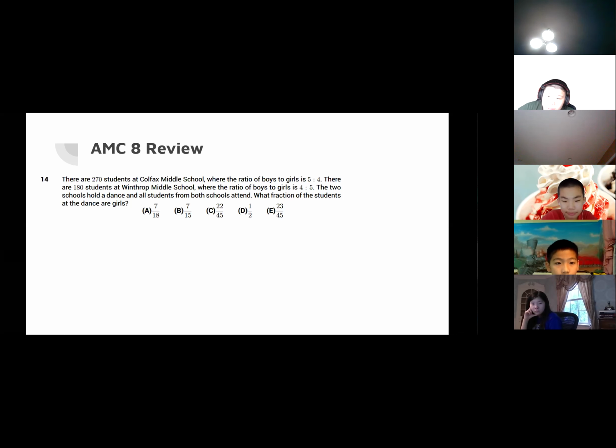So you add these, and you get that there are going to be 450 total. And then at Colfax Middle School, there are 4 divided by 9 times 270, which is 4 times 30, which equals 120 girls.